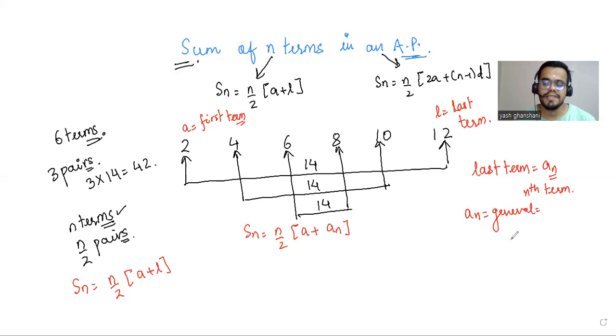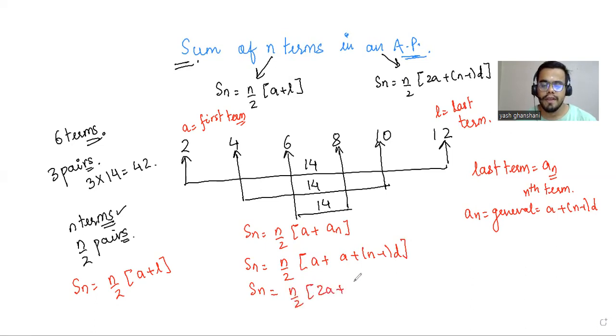So this could be represented as what? a plus (n minus 1) into d, where a is the first term, d is the common difference, and n is the position of the term, right? So this Sn could be written as n by 2 (a plus an), and an is a plus (n minus 1) into d. So this Sn becomes n by 2 (2a plus (n minus 1) into d).